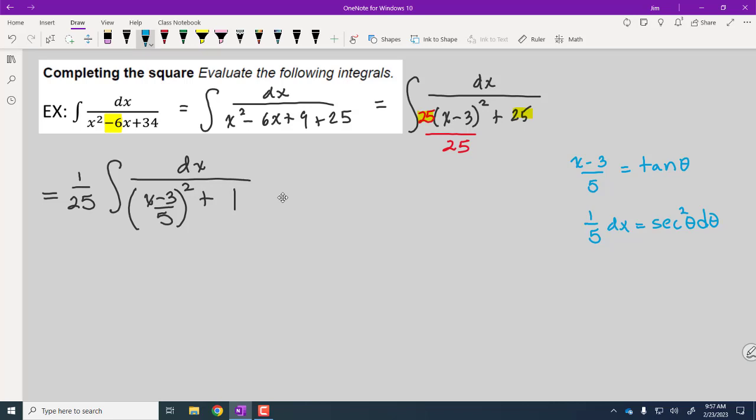We're going to notice something really interesting here. Let's do our substitution. So we'll have 1/25th integral dx. We multiply both sides by 5, so dx will be 5 secant squared times d theta.